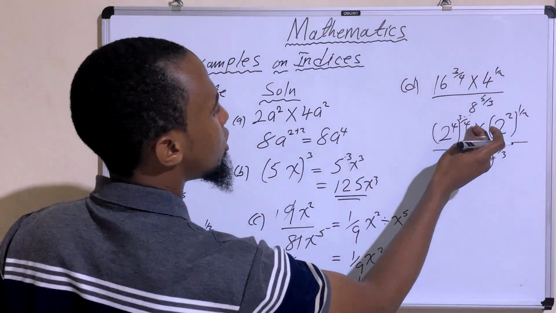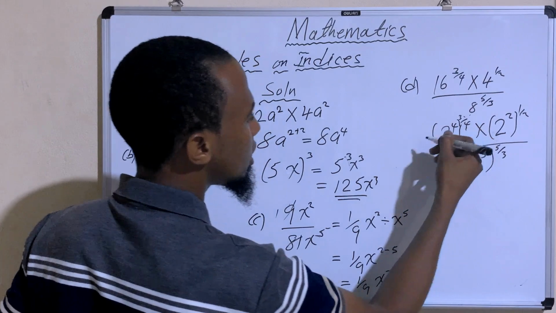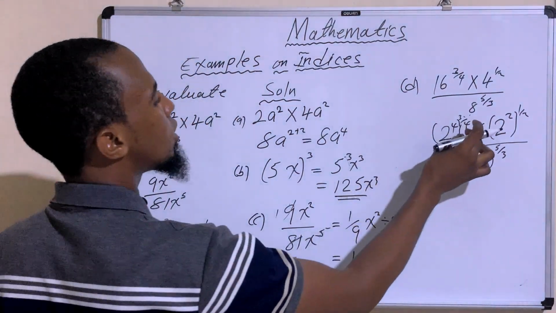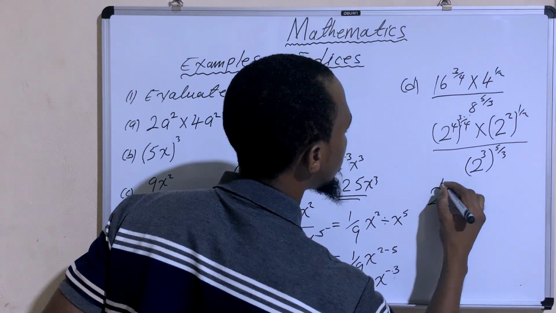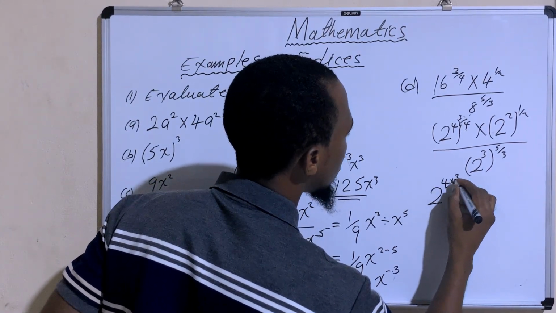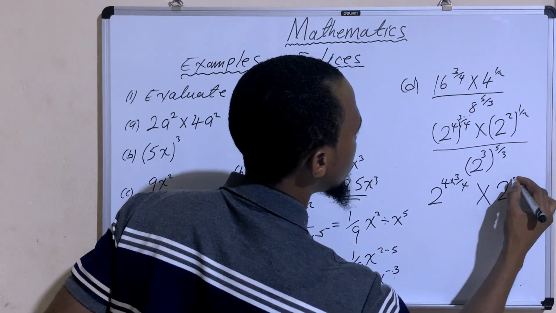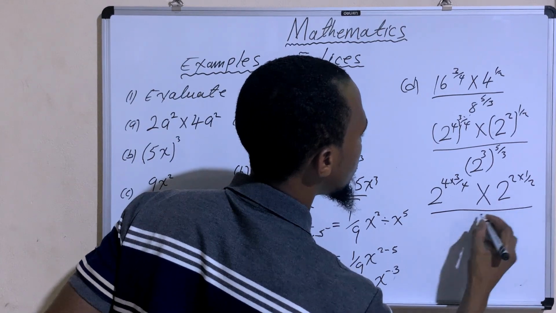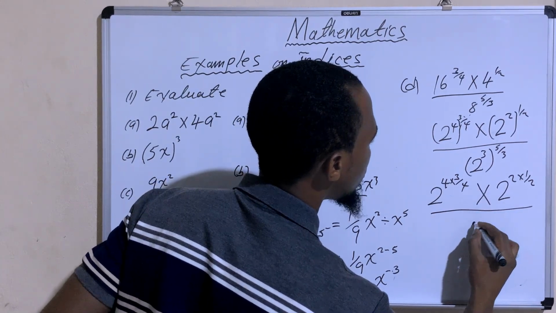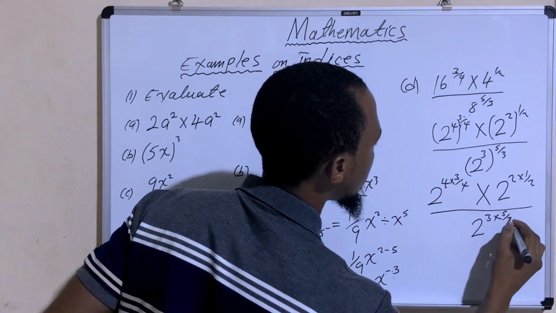Now we know that the power outside is affecting the one inside, and what we are going to do is to multiply the powers. That is going to be 2 to the power 4 times 3 over 4 times 2 to the power 2 times 1 over 2 all over 2 to the power 3 times 5 over 3.